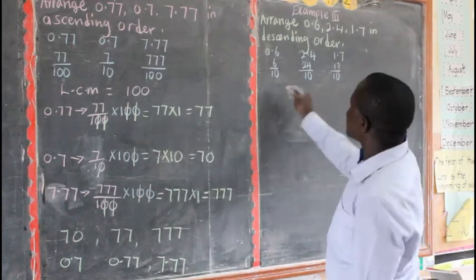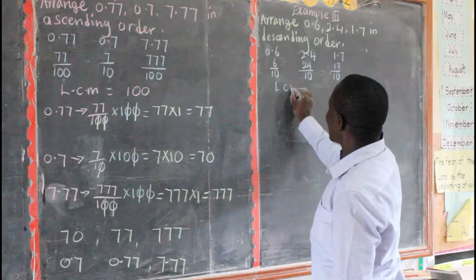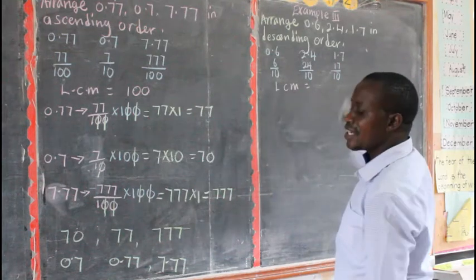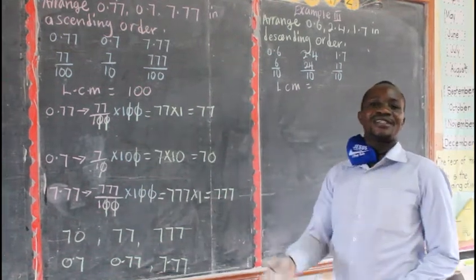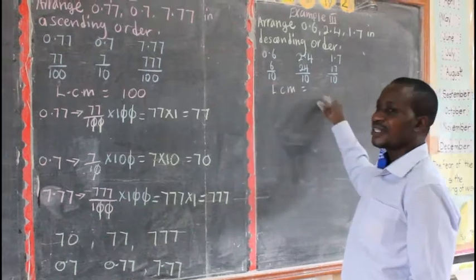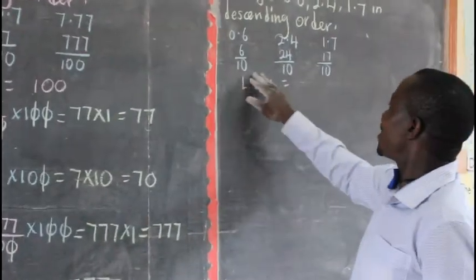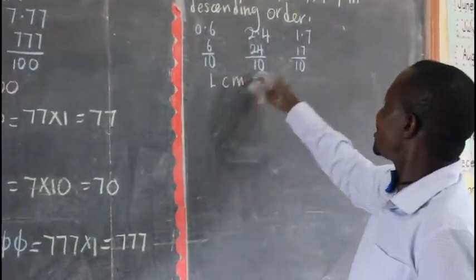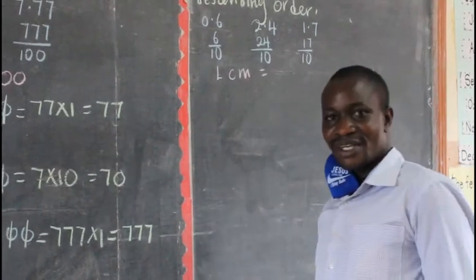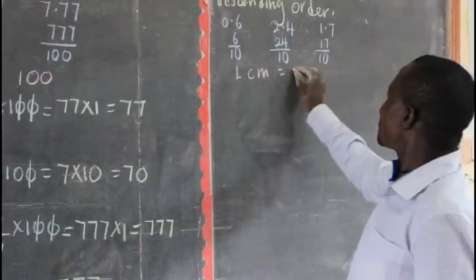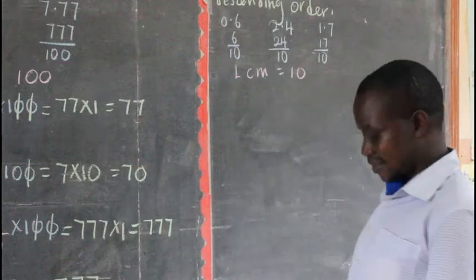Then let's look at the LCM. I say that here the LCM is the highest denominator. And here you realize that we have 10, 10, 10. It is 10 throughout. Therefore, our LCM here is going to be 10.